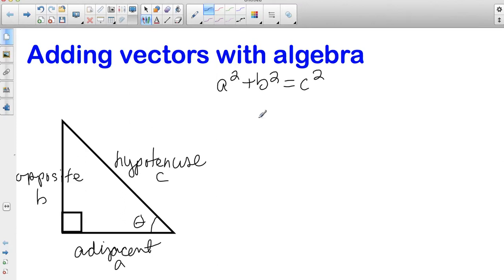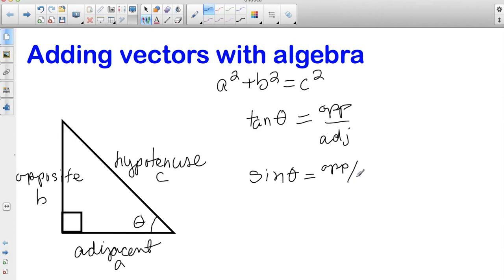The other three functions we have to become pretty familiar with are the tangent function, which is equal to the opposite divided by the adjacent; our sine function, which is going to equal the opposite over the hypotenuse; and the cosine function, which is your adjacent side divided by your hypotenuse.